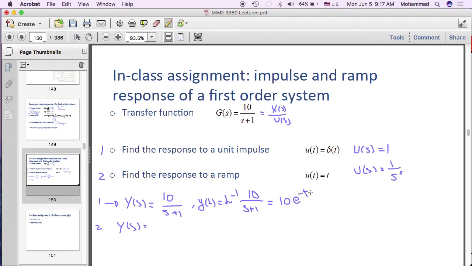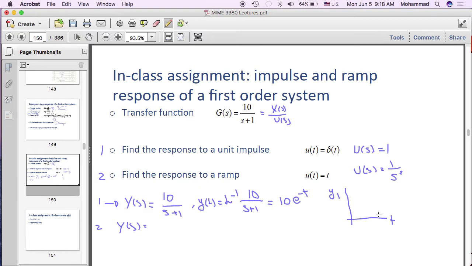Okay, how does this look like? If you plot this function, what is the value of the function at time 0? Let's call this y1 to distinguish it. So plot y1 versus time. What is the value of this function at time 0? So e to power 0 is what?